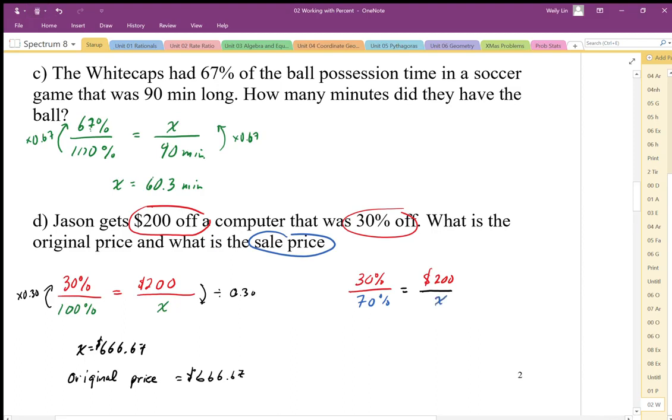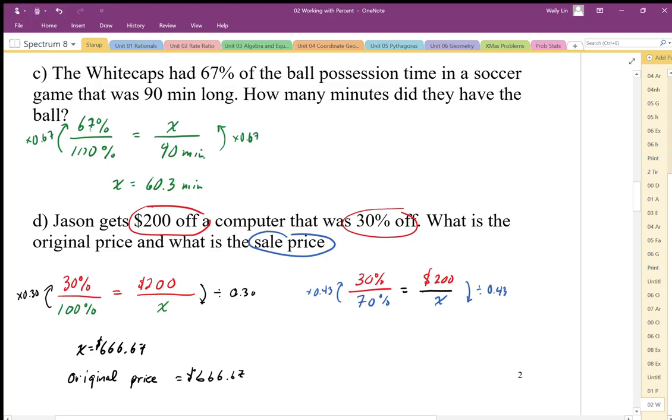In this case, the multiplier is kind of awkward. If I do 30 divided by 70, that's going to give me 0.4286. So I'm just going to round that to 0.43. And so I can divide by that same multiplier, 0.43.